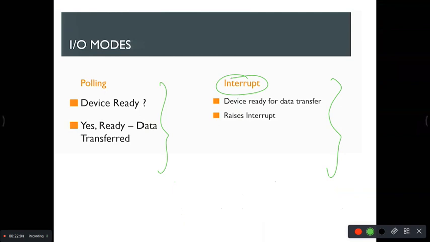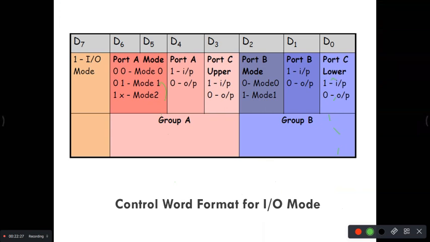It will send an interrupt, as we discussed in the interrupt topic. Then the microprocessor will say, yes, this is from the temperature sensor, run that interrupt service routine to receive the temperature. That's all. You have the polling method and interrupt. Remember these examples which I gave you, you can understand it in a better way. So this is for both read and write.